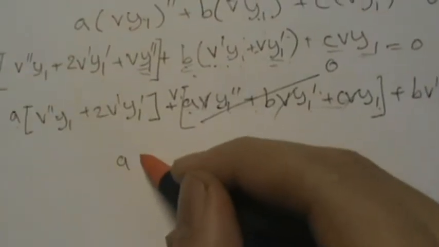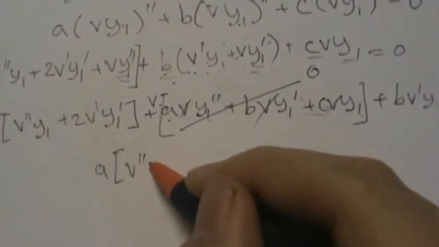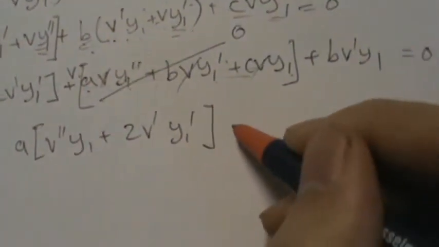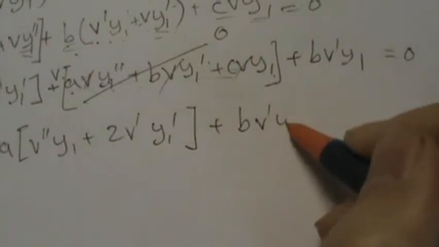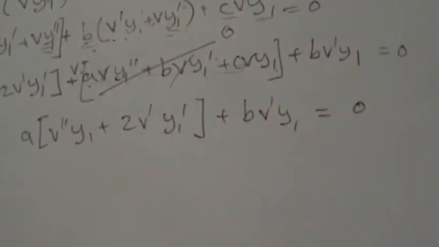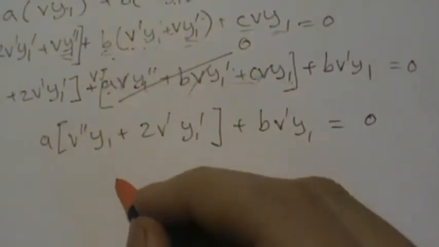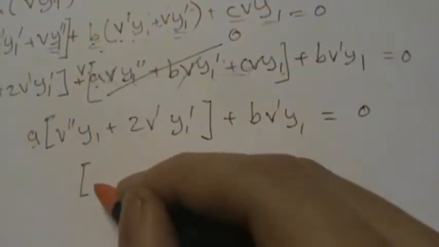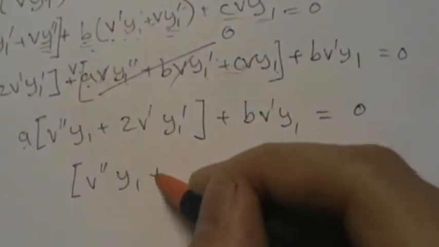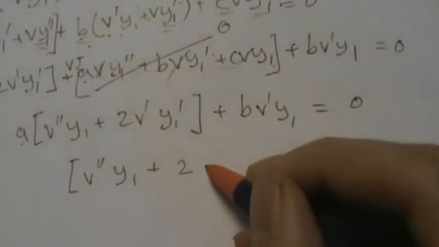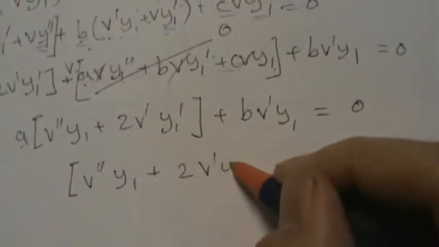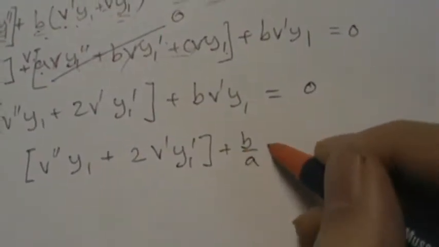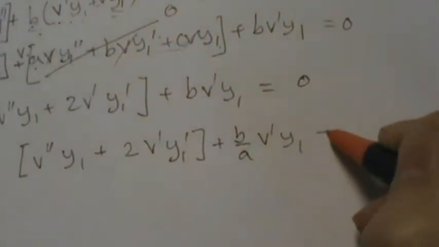Which leaves us with a v double prime y1 plus 2a v prime y1 prime plus b v prime y1, and that's equal to 0. So if you solve the entire thing out, I can divide the entire equation by a, and I will have v double prime y1 plus 2 v prime y1 prime plus b over a v prime y1 equal to 0.